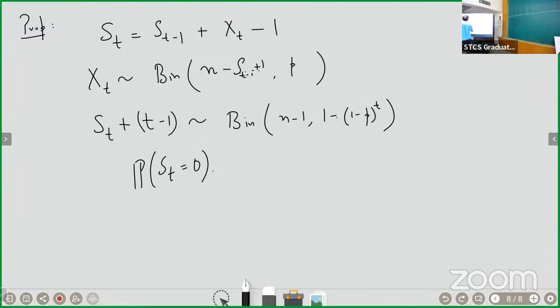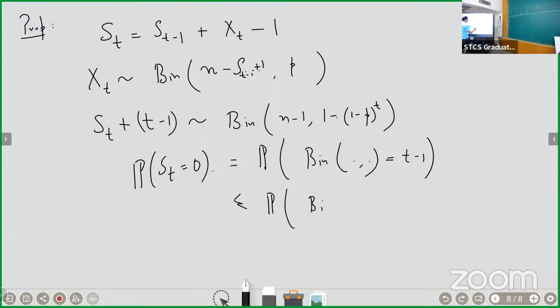This is equal to the probability that the binomial equals t minus 1, and this is less than or equal to the probability that it is less than or equal to t minus 1. I'm just loosening it.